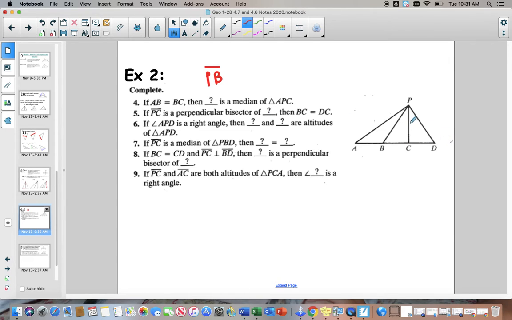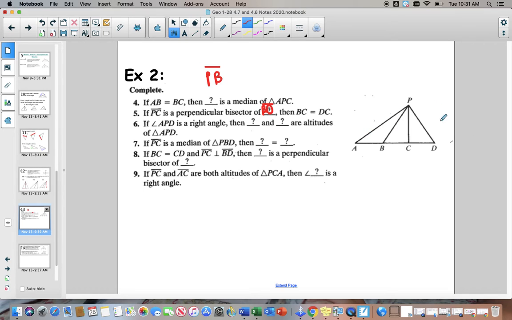If PC is a perpendicular bisector of BD, then you know that BC equals CD.